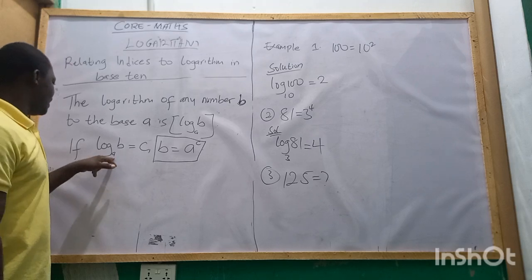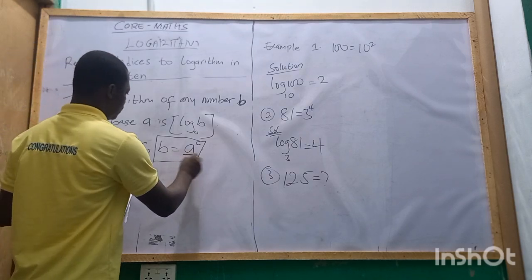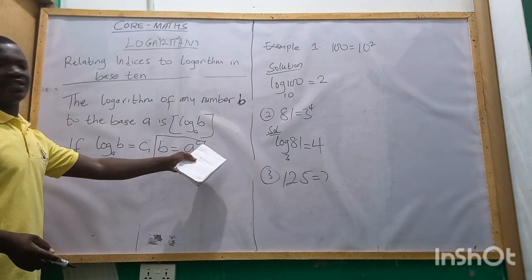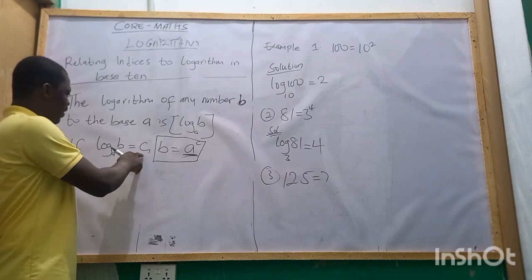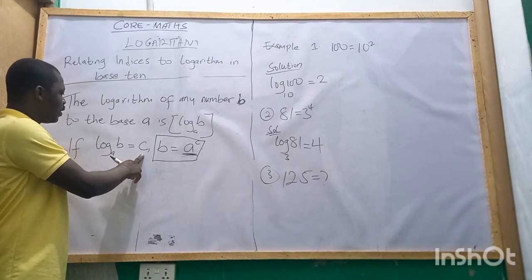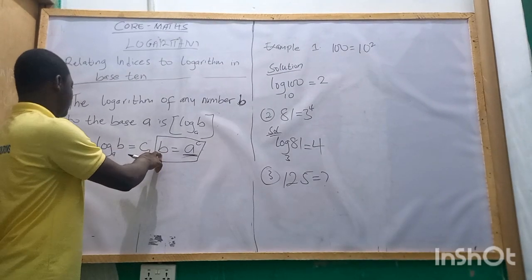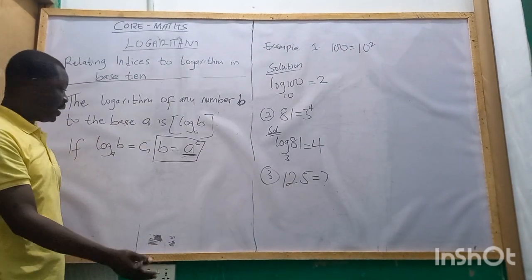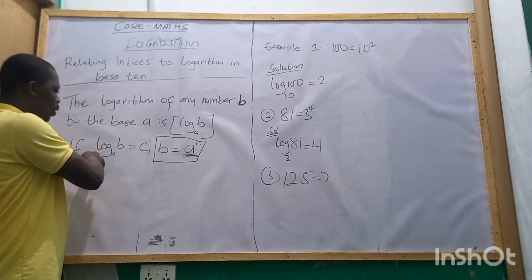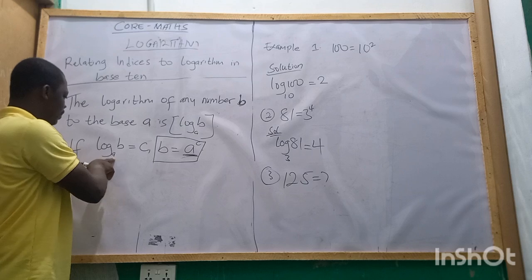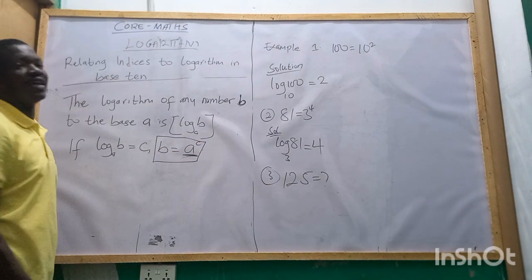As I said, a is the base, which is here. Then c is the exponent, which will be at the right hand side when you're writing it in the form of log. Then the b, you write it in front of the log, as I've explained earlier. Then the base, you bring it at the bottom here. Then the exponent will be at the right hand side.